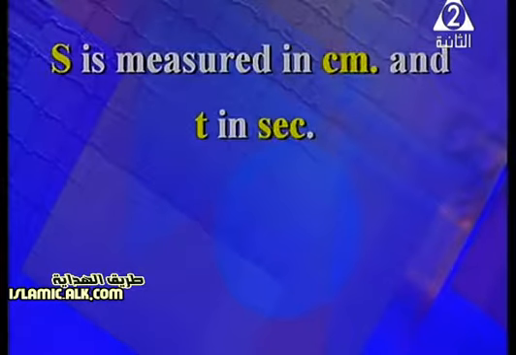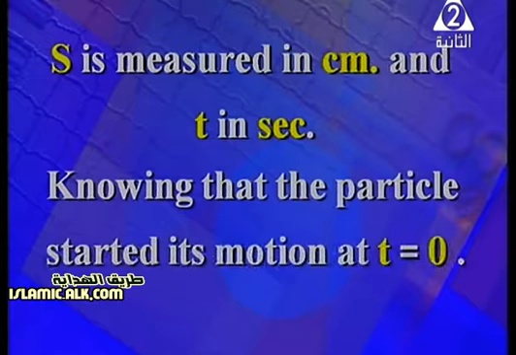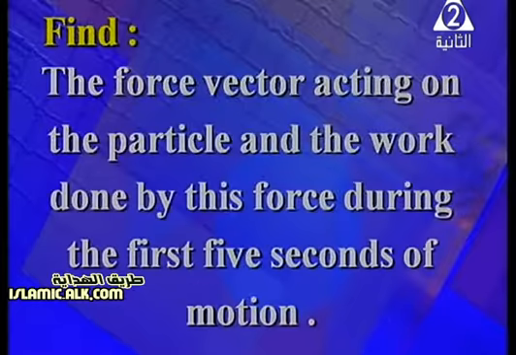S is measured in centimeter and time in second. Note that the particle started its motion at t equals 0. What is required? Find the force vector acting on the particle and the work done by this force during the first 5 seconds of motion.